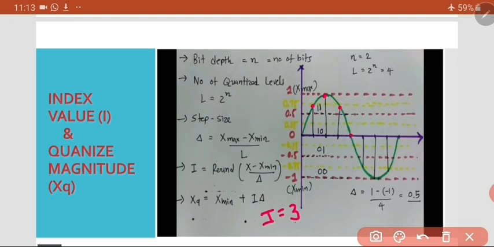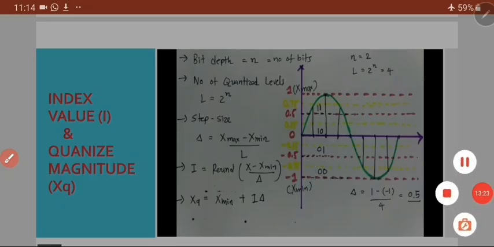Repeating the equation and taking the different sampled values of the signal, you will get six different index values, and then those index values we will put into the table.